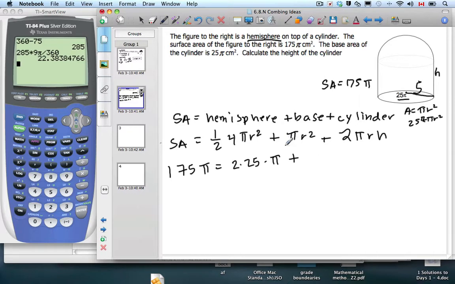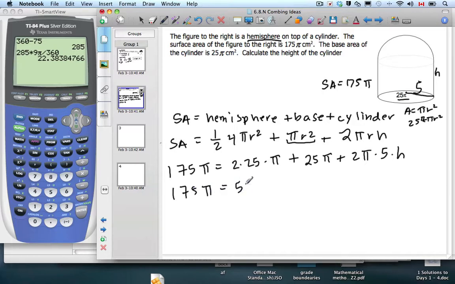So we have 2 times pi times 25, and then the area of the base, which we don't even have to use the formula for because we know it's 25 pi, plus 2 pi times 5 times h. Let's simplify it out.